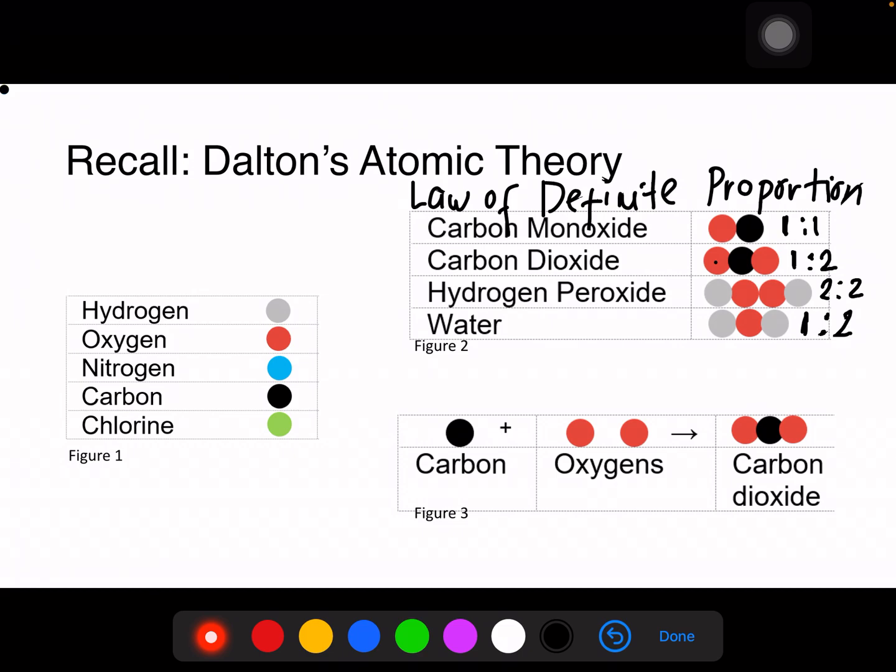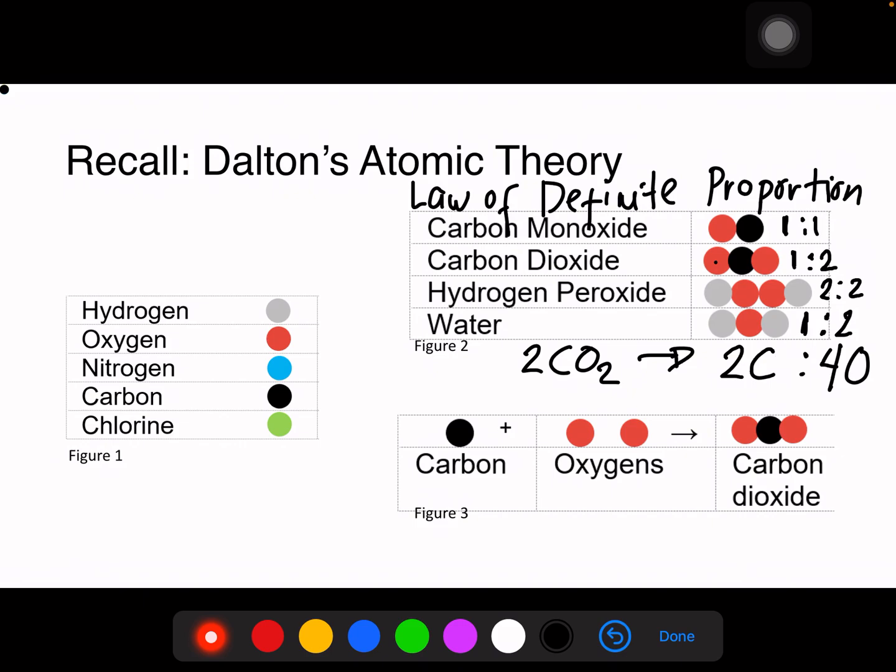So for example, if you have one molecule of carbon dioxide, you always get one atom of carbon and two atoms of oxygen. So for that case, if you have two molecules of CO2, it means that you have 2 carbons and 4 oxygen. Okay?